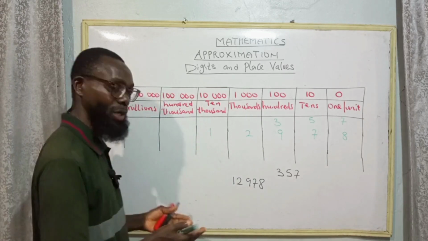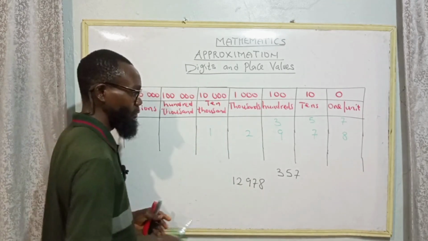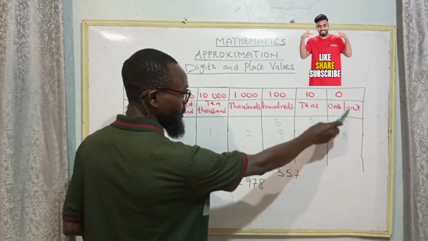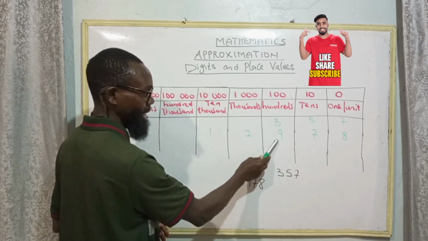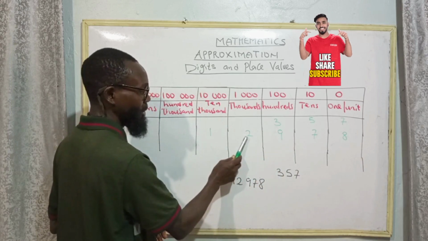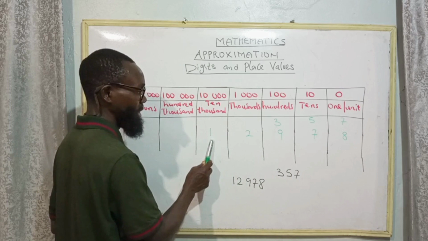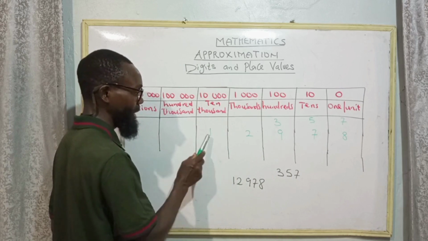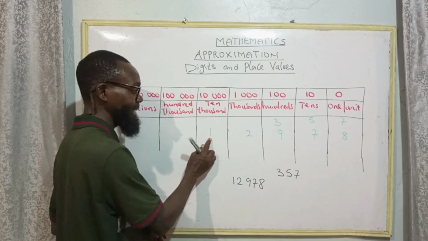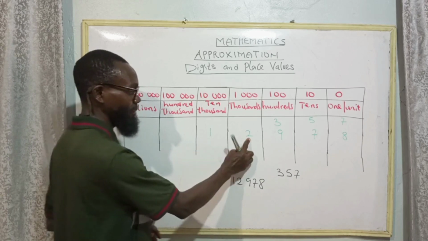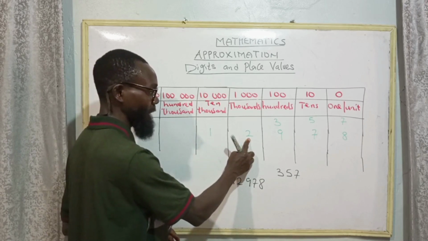To determine the place value of each of these digits, we have 8 is units, 7 is tens, 9 is hundreds, while 2 is thousand, then 1 is ten thousand. So the place value of 1 is 10,000. The place value of 2 is 2,000.